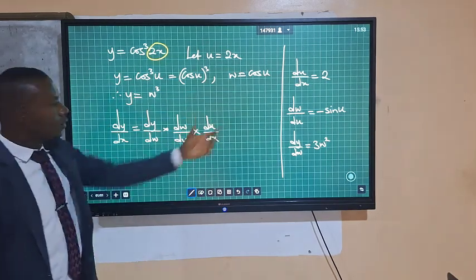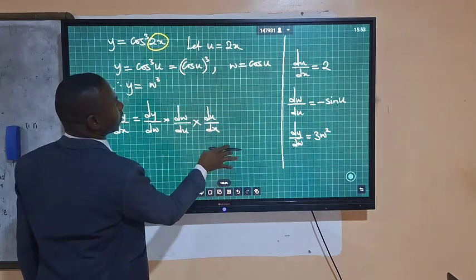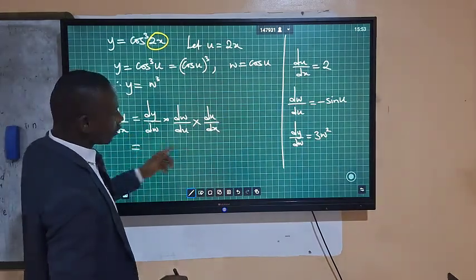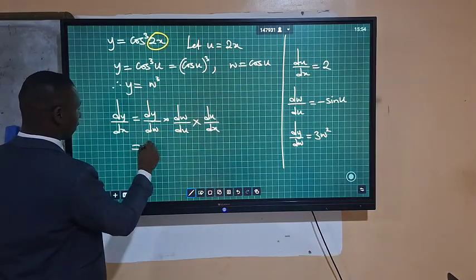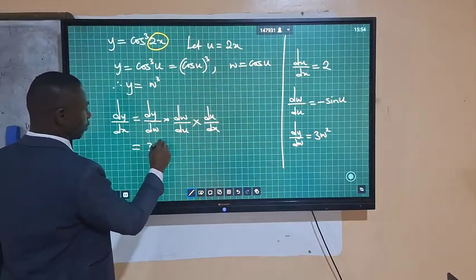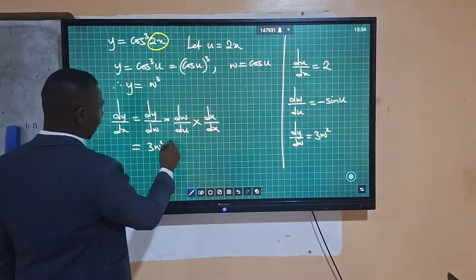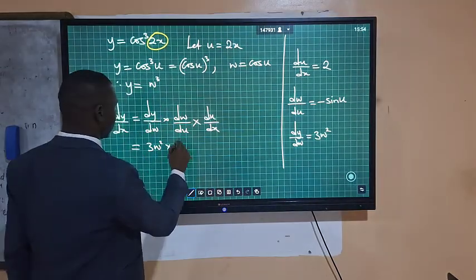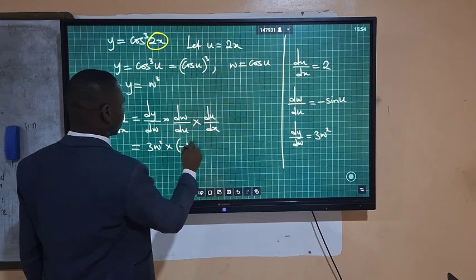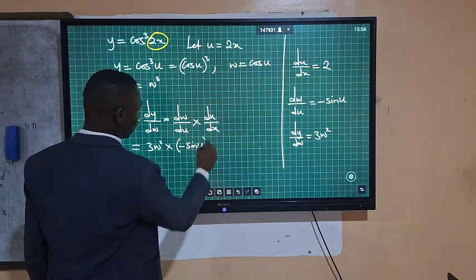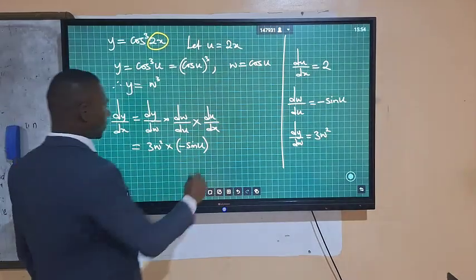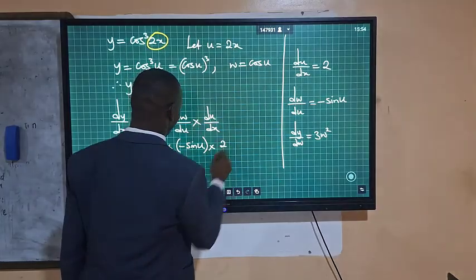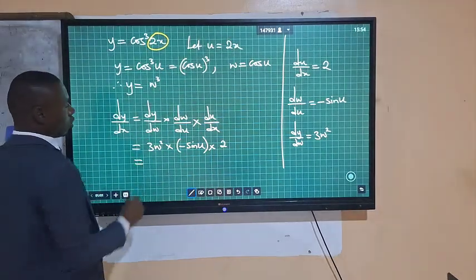So now let's start assigning values. dy over dw is 3w squared, times dw over du, which is minus sine u, times du over dx, which is 2.